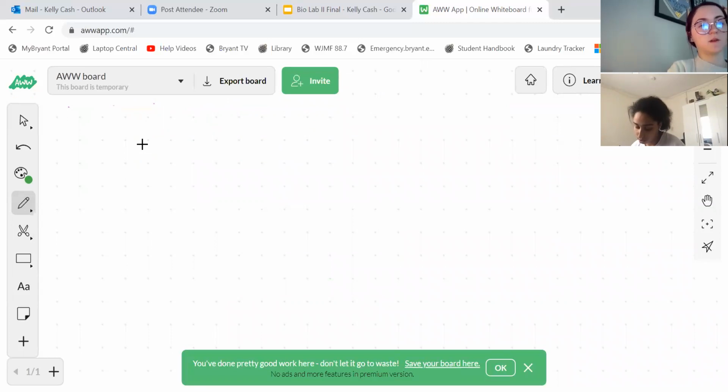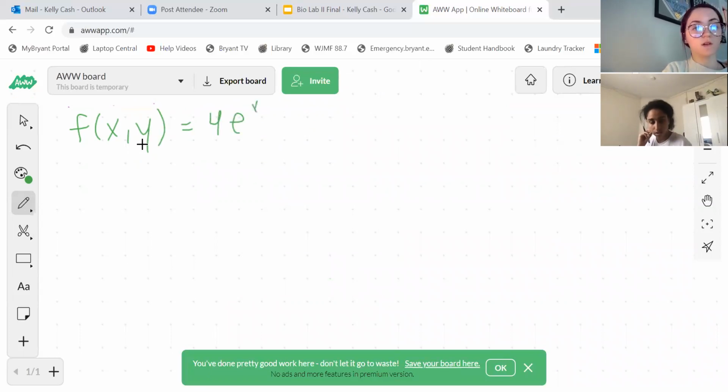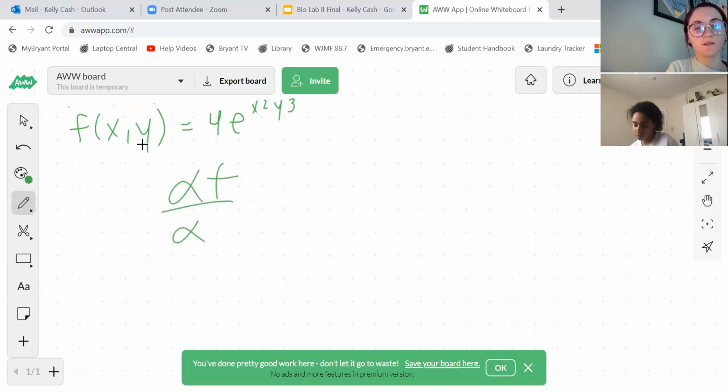So for the next one, we have f of x comma y equals 4e to the x squared y cubed. Same process for this one. The first question is to do it with respect to x.